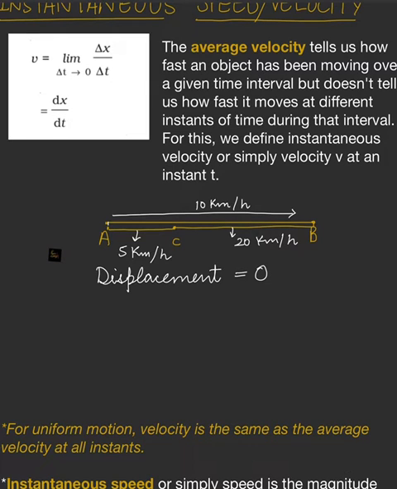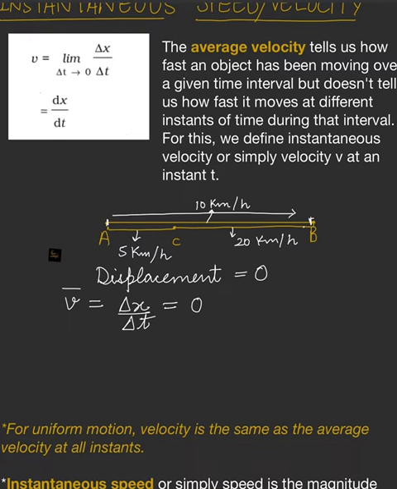If the displacement is 0, that means average velocity is what? Displacement upon time. Whatever the time is, but the delta x is 0. So average velocity is 0. We can say that. There's no issue. But at a given time, if we're talking about this interval, when we travel from A to B, we're not considering B to C or C to A, we can see that the velocity at any given point is 10 km per hour.